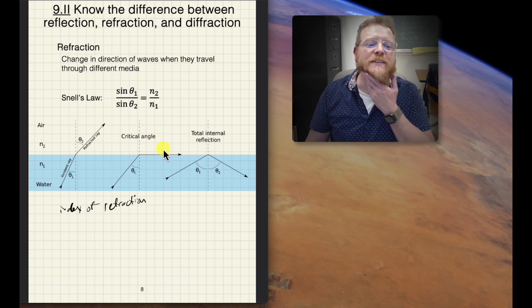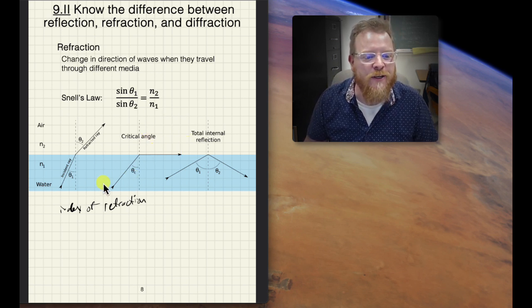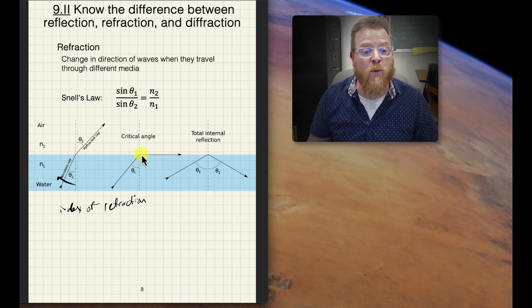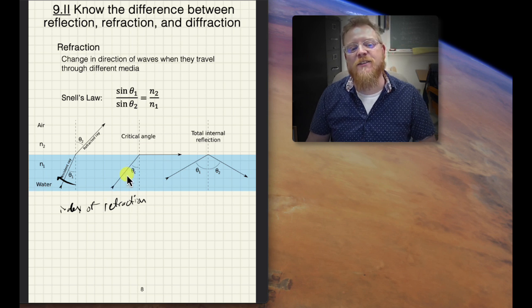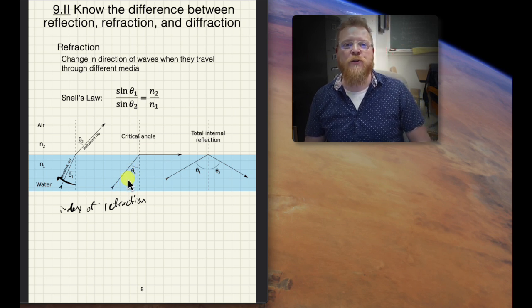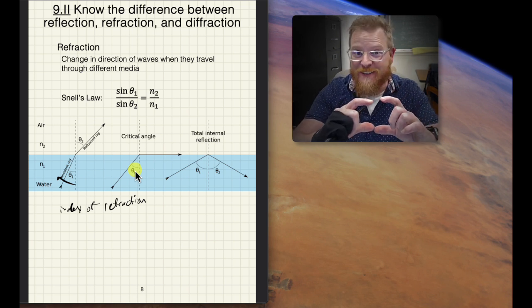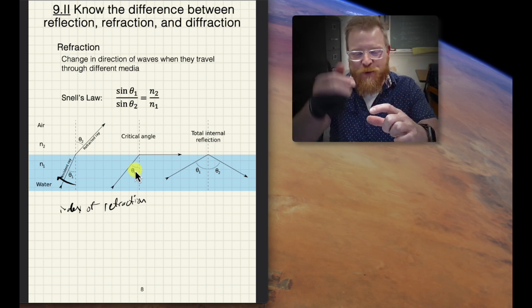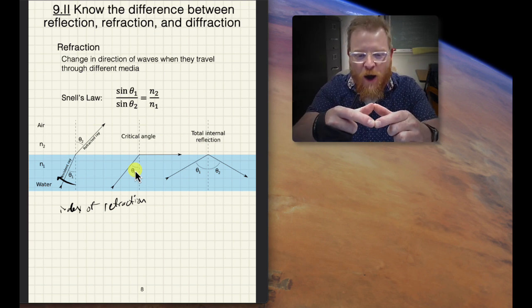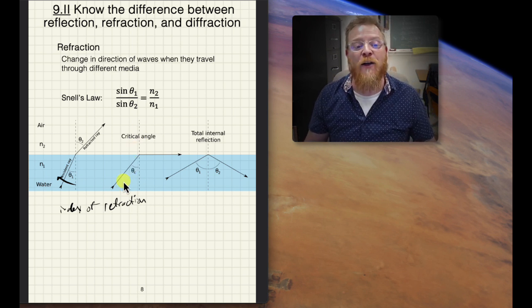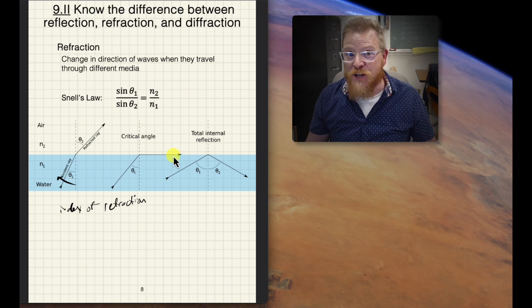A couple cool things happen as you start to pitch out this angle theta. At a certain point, you'll get to what's known as the critical angle, and this makes some very cool optical illusions. You can make an object almost look like it's disappearing. If you've got an object submerged in water and you rotate it such that you are looking at the critical angle, you might not be able to see that object anymore.